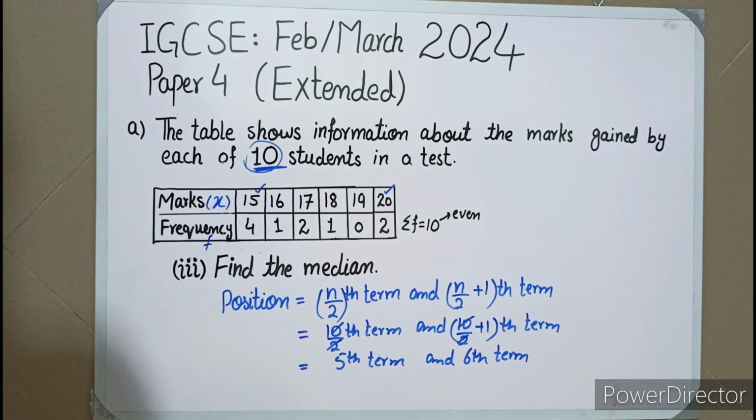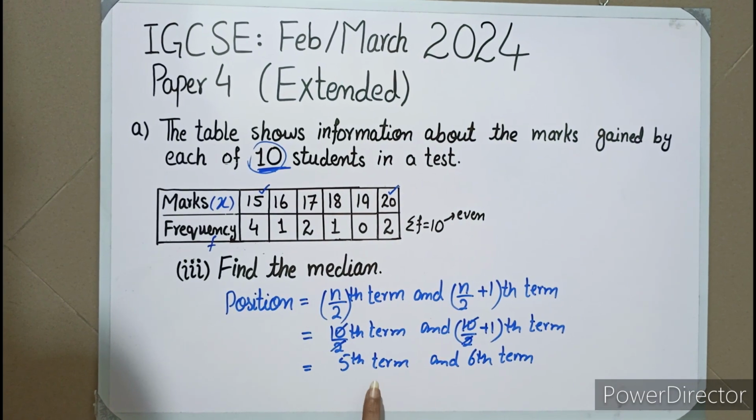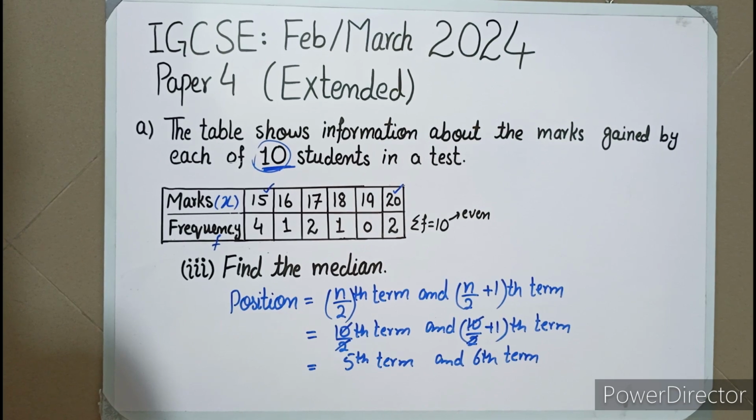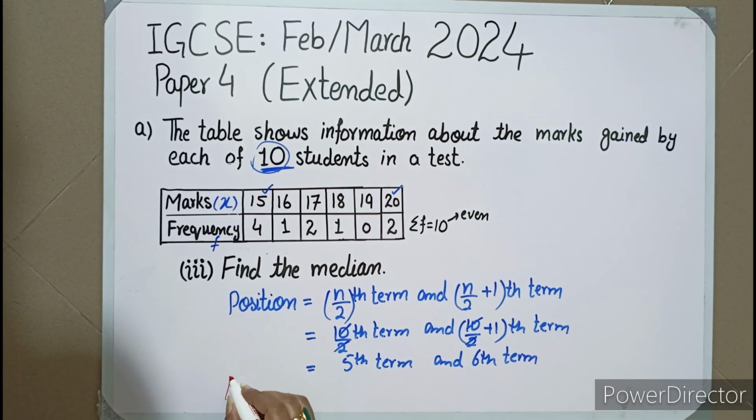It means you have to find the 5th and 6th terms of this data for calculation of the median.